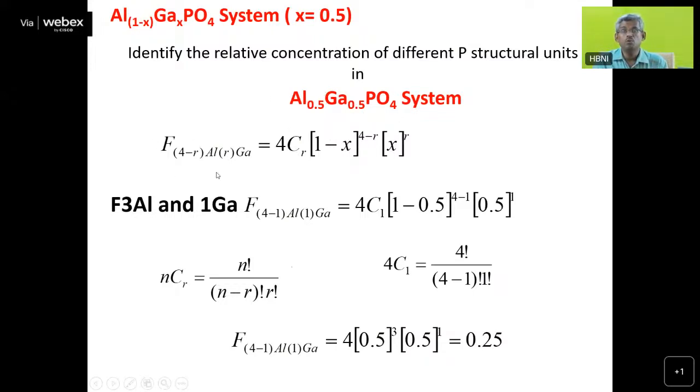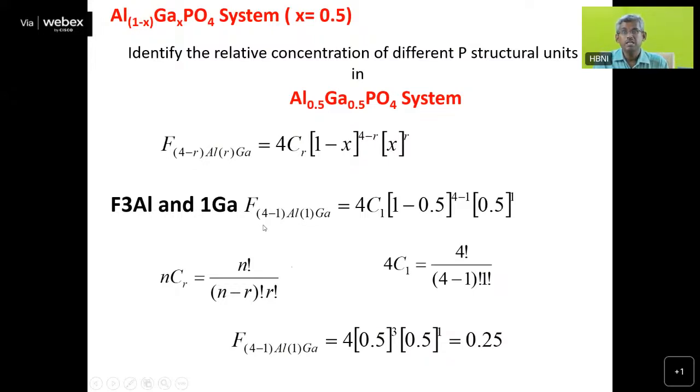Let us find the relative concentration of the structural unit with 3 aluminium and 1 gallium as next near neighbors. What is that? 3 aluminium and 1 gallium. So R is 1 gallium, and 4 minus R, which is 4 minus 1, is the aluminium. Correct? Here we are mentioning this R, and R is nothing but the number of gallium, which is 1 gallium, and 4 minus R is 3 aluminium.